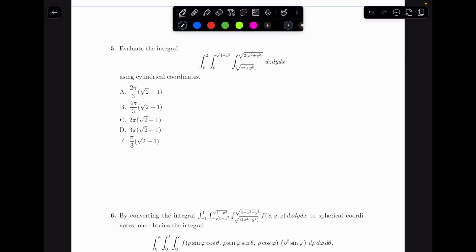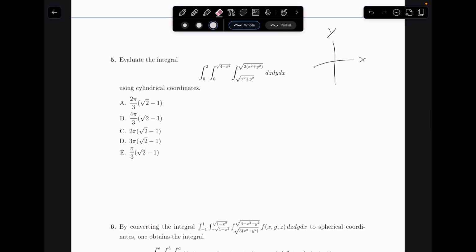Okay. So the x and y bounds are going to be, we have y like that, and then x is 0 to 2. So we're just concerned with this portion of the circle, the top half of the circle.